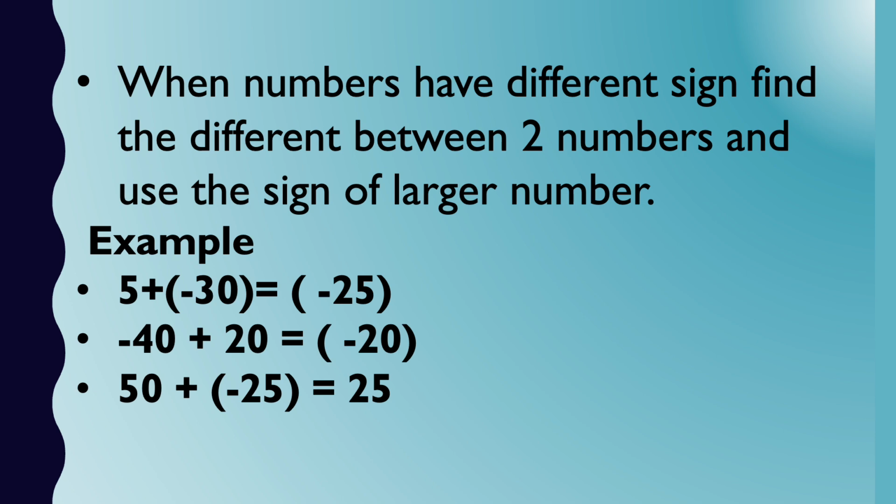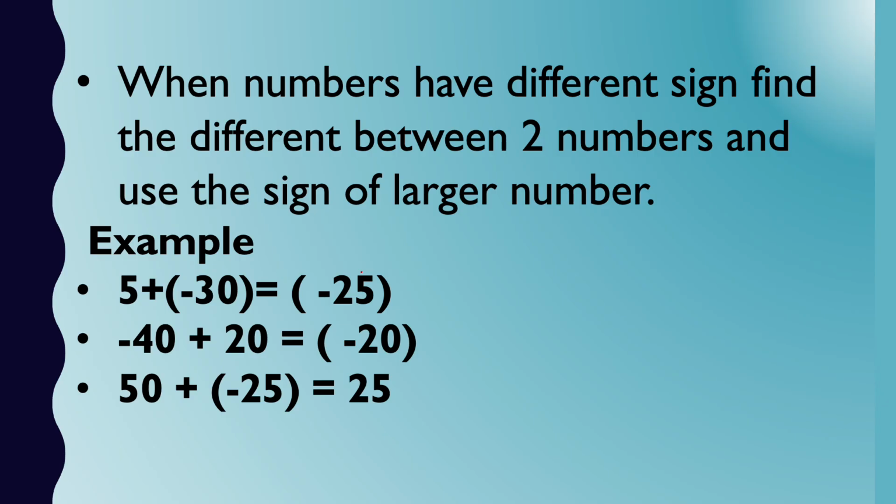It is minus. So what is the sign of the answer? It is going to be minus 25. I hope you understand this one. If you didn't understand any point, please drop a comment, then I will reach out back to you.